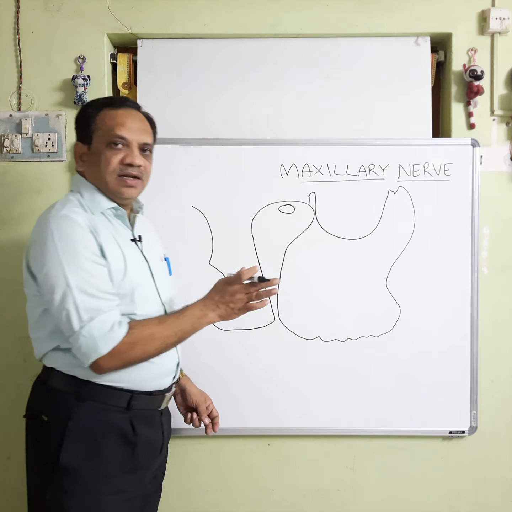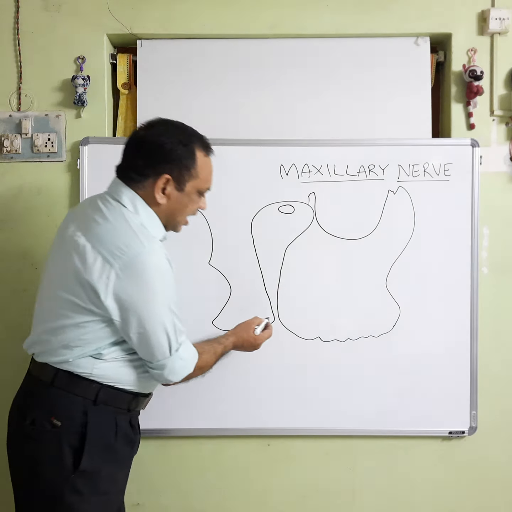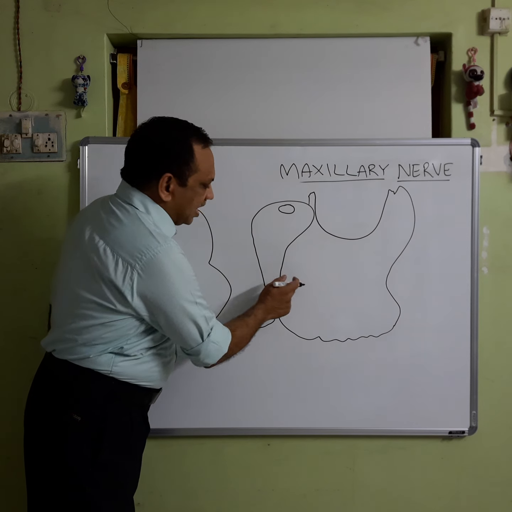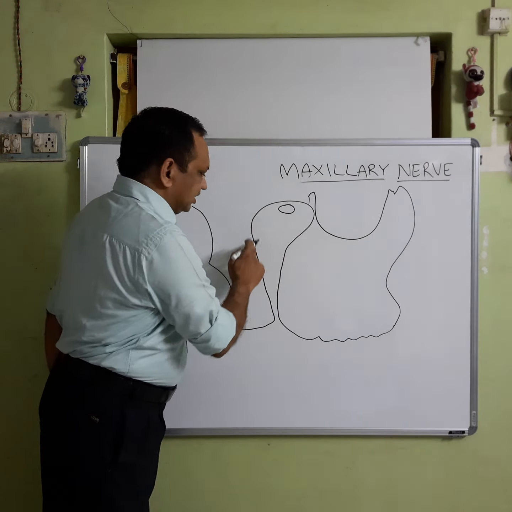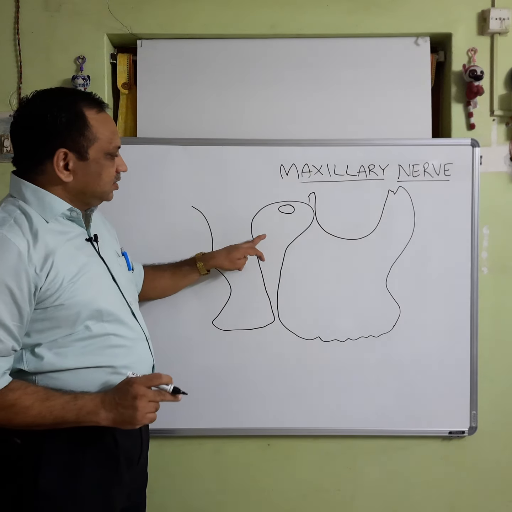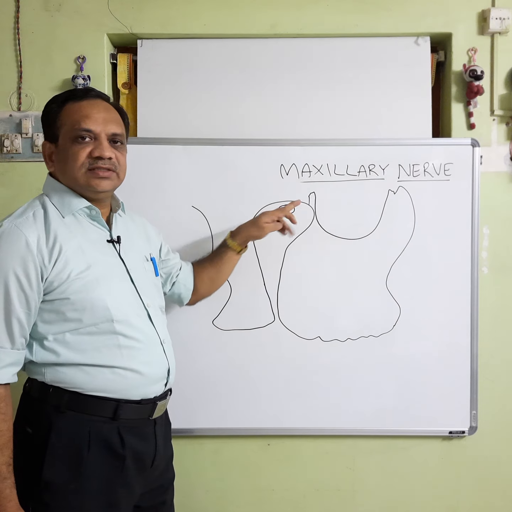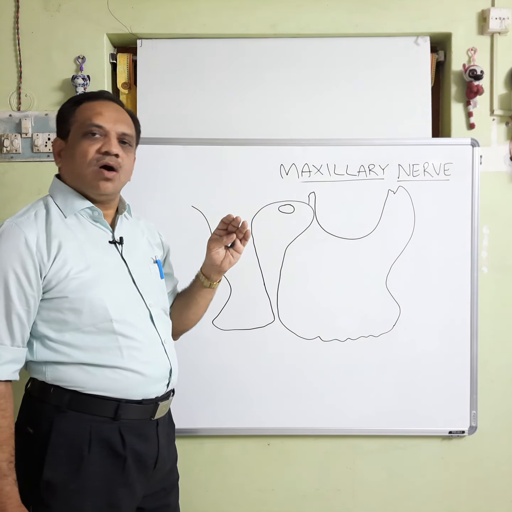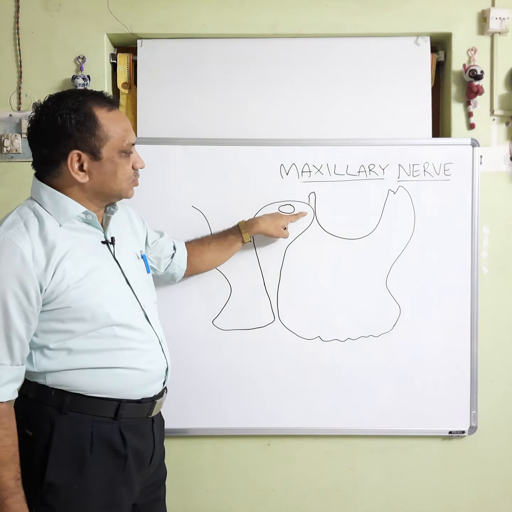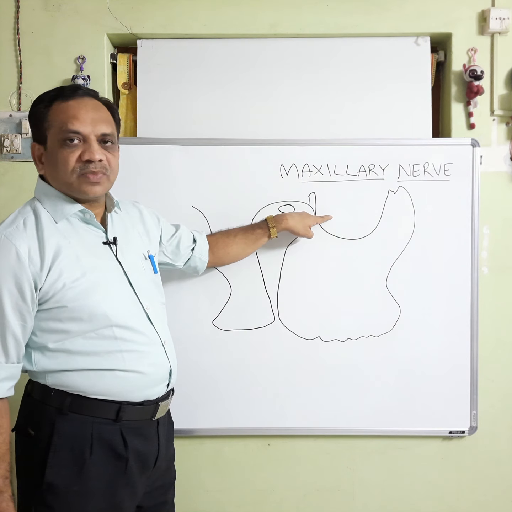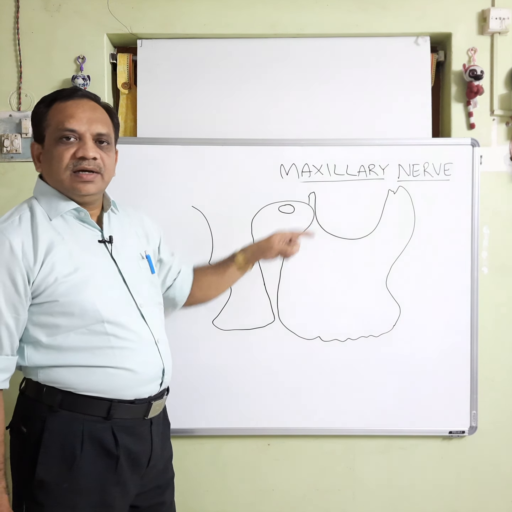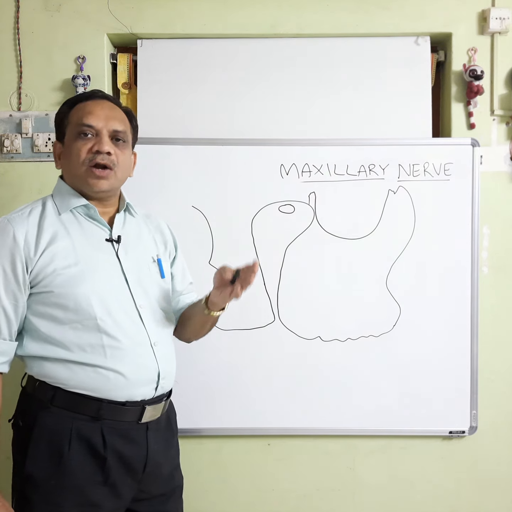The lateral wall is open as the pterygomaxillary fissure. This is the pterygomaxillary fissure. This fossa is located just under the apex of the orbit, and it opens into the orbit by means of the inferior orbital fissure.